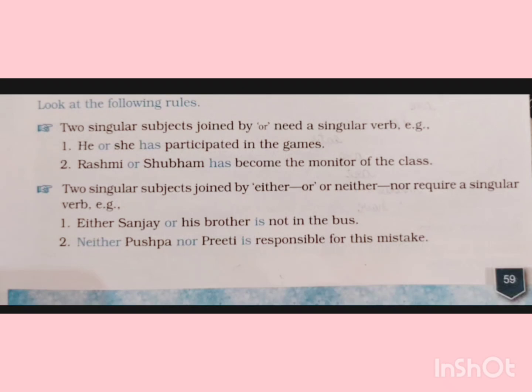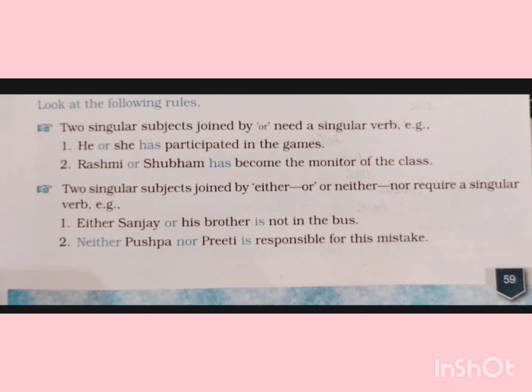The second rule is: two singular subjects joined by either-or or neither-nor require a singular verb. If we are talking about two singular subjects, for example, in the second one, either Sanjay or his brother. You are seeing that we have used either-or, and Sanjay and his brother are both singular subjects.